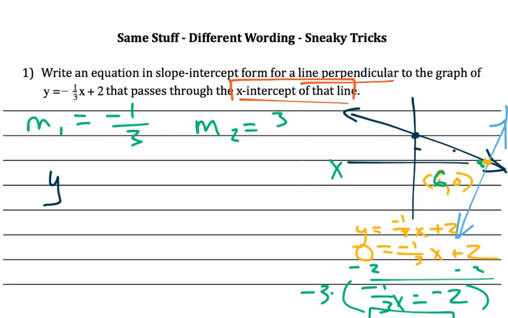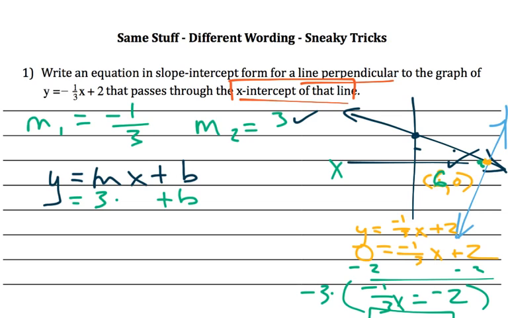For our new line, it's got to be y equals mx plus b, because that's slope-intercept form. We wouldn't know the y-intercept for this new line, but I would know a point that it goes through, and I would also know the slope of this line. Since it's most clear to talk about slope, here's 3 times x, plus b, because we're not able to figure out the y-intercept just yet.